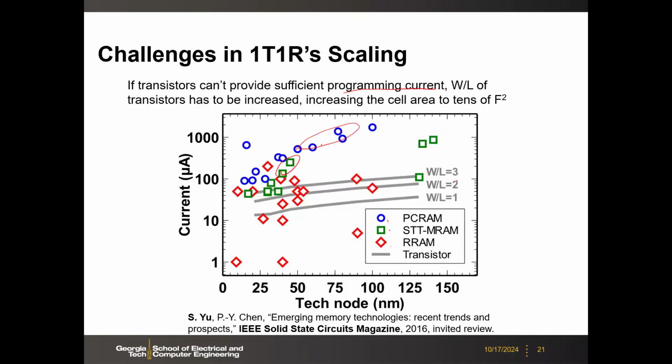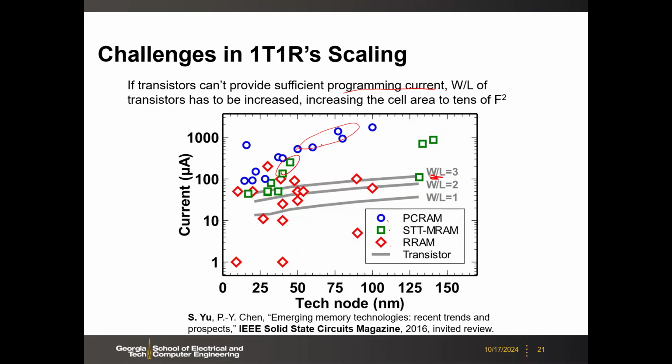This is larger than what, let's say, even W over L equals 3 can deliver. I forgot what the technology node is, maybe 45 or 32 nanometer. But basically, the minimal transistor cannot give enough current. That's the main problem here.